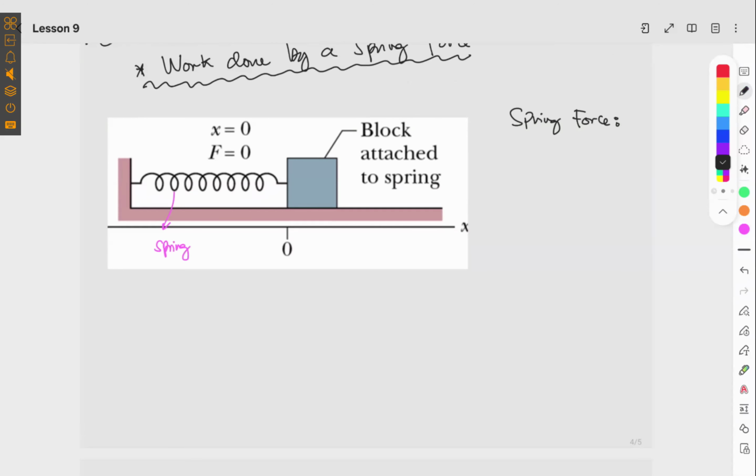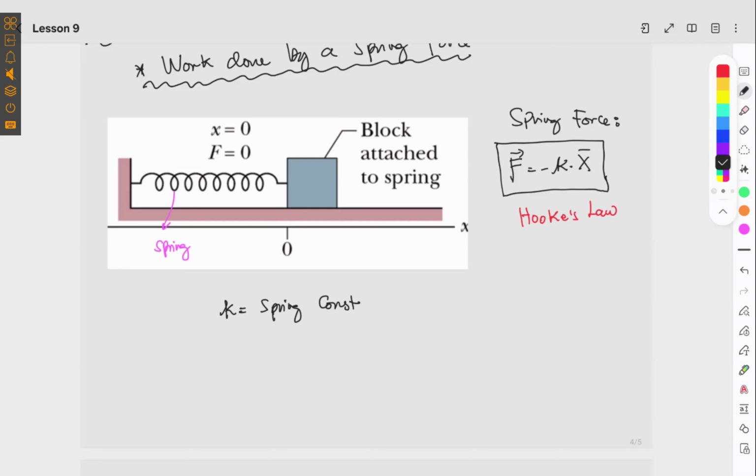The force is equal to negative K times X. Okay, remember this formula. This is K multiplied by X. This is called Hooke's law. K is the spring constant.